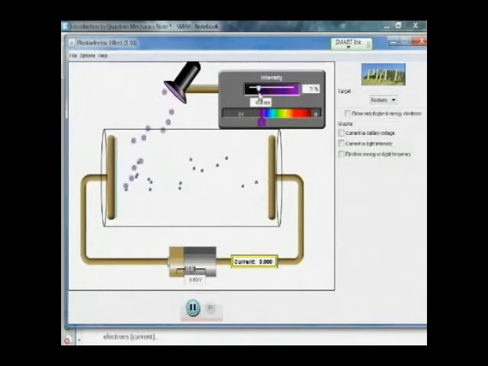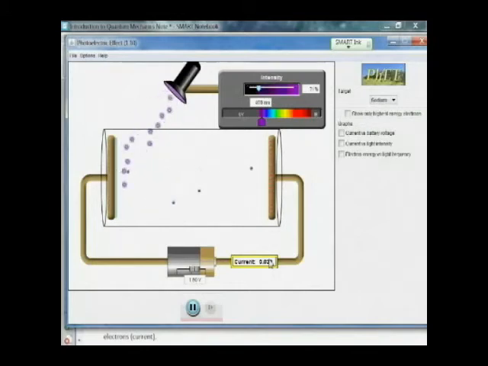I turned down the light bulb. It's still the same color. The only thing that's different is what? The number of electrons. Now if I put my battery back to the opposite voltage, we can actually see that the current has changed. The stopping voltage was not affected.